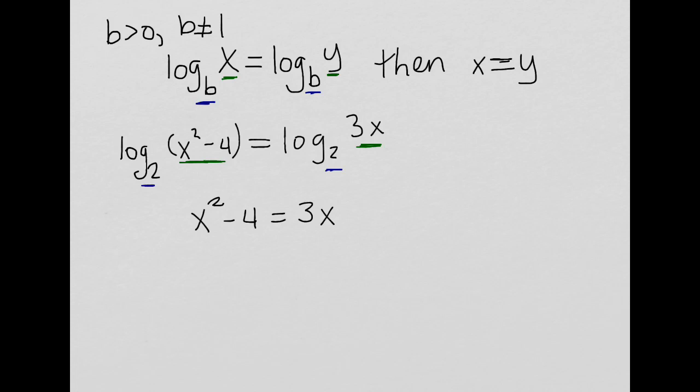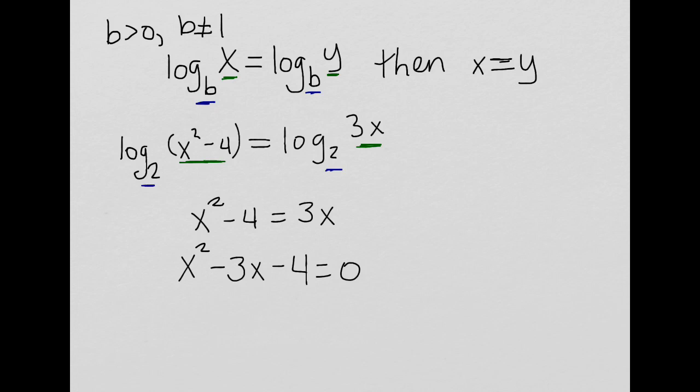So now here's the key. Remember all that stuff that we learned on factoring a few weeks ago? We have to use it again, because the only way we can solve this equation is to make it equal to 0. So we're going to make it x squared minus 3x minus 4 equals 0. Now you can choose to solve this however you'd like.